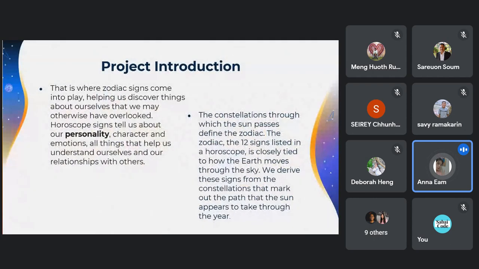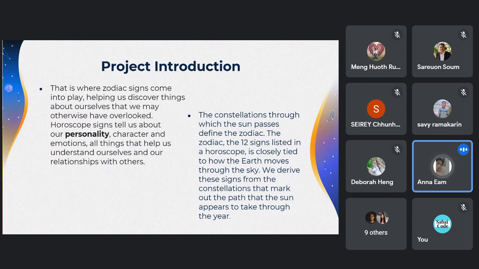So this is our project introduction. This is where zodiac sign comes into play, helping us discover things about ourselves that we may otherwise have overlooked. Horoscope signs tell us about our personality, character, and emotion, all things that help us understand ourselves and our relationship with others.